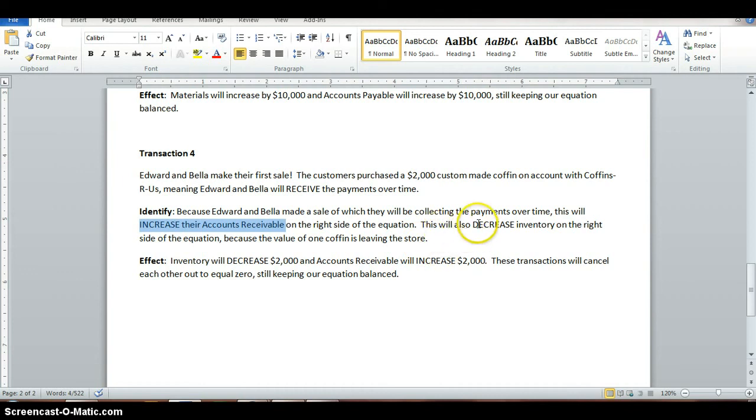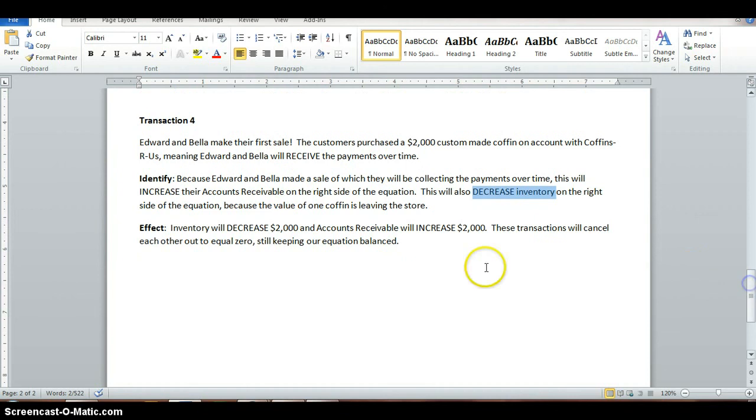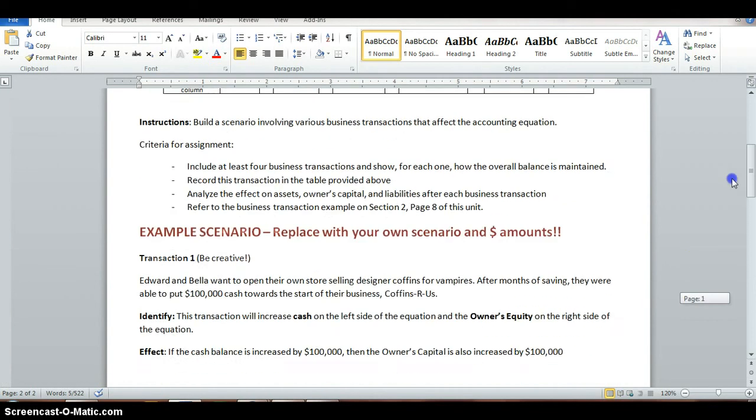And then this is going to decrease our inventory. Since we made that sale of $2,000, that's going to decrease our inventory by that same amount. We sold it, it's no longer in our inventory, so that amount decreases. So like I just said, inventory will decrease and accounts receivable will increase. Let's go back up here.